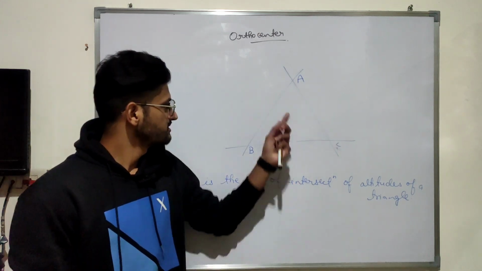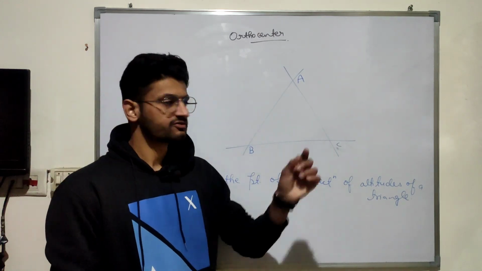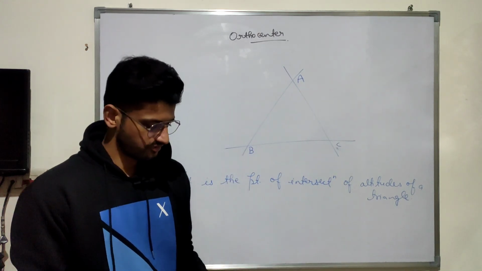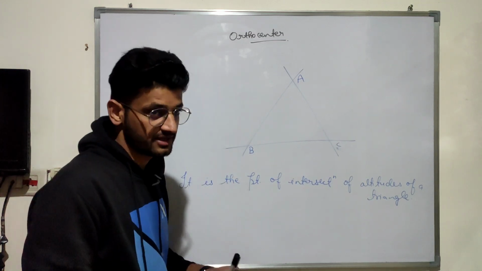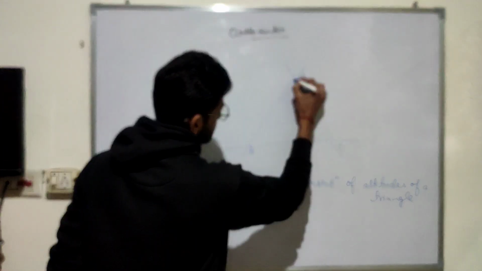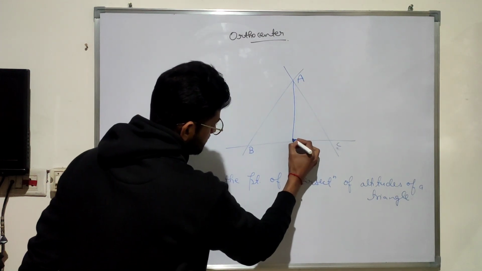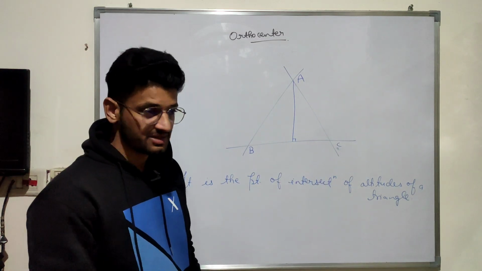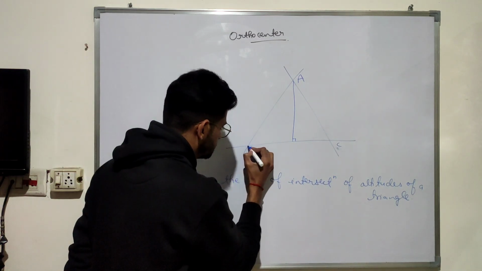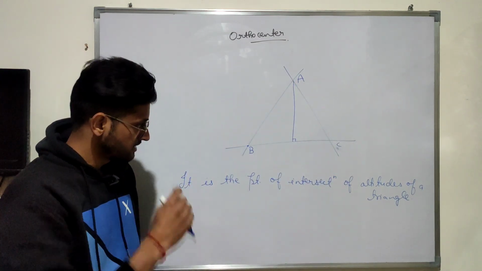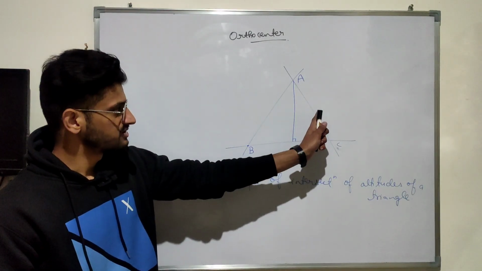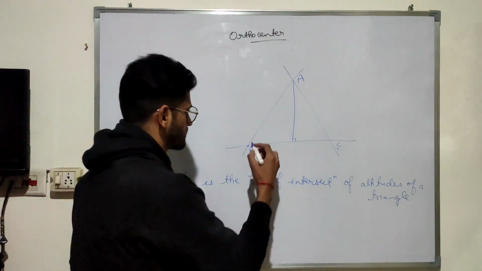So in triangle ABC we can draw three altitudes from all three vertices. For example, we can draw an altitude from point A in such a way that it makes 90 degrees with side BC. Similarly, we can draw an altitude from point B to side AC in such a way that it makes 90 degrees with side AC.